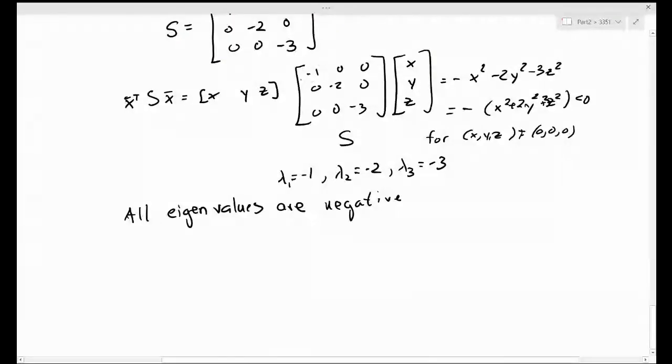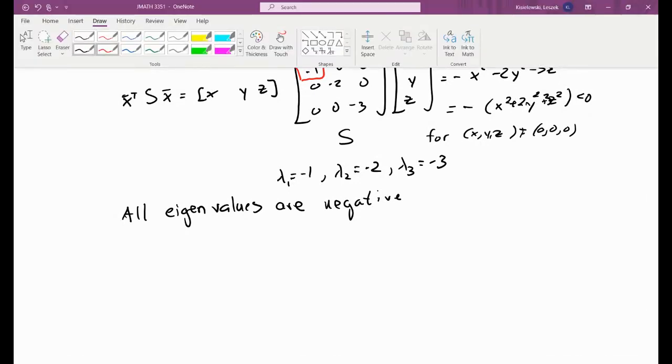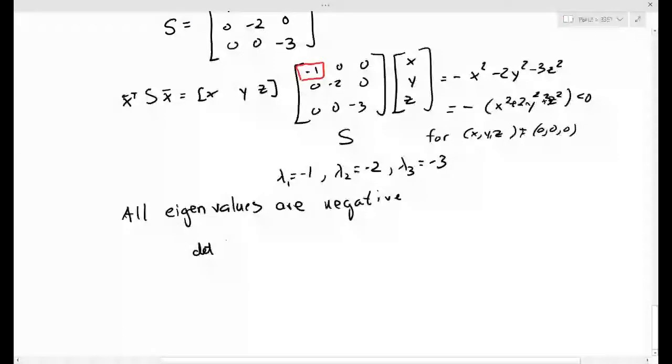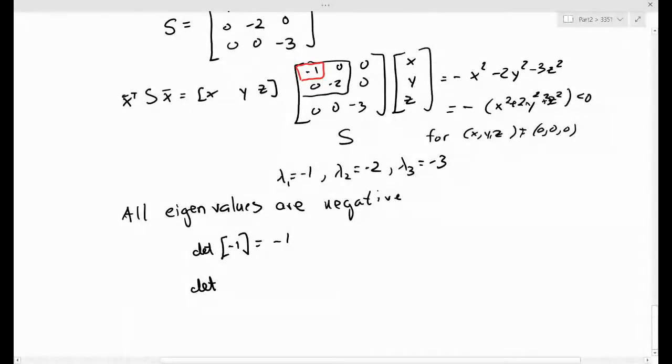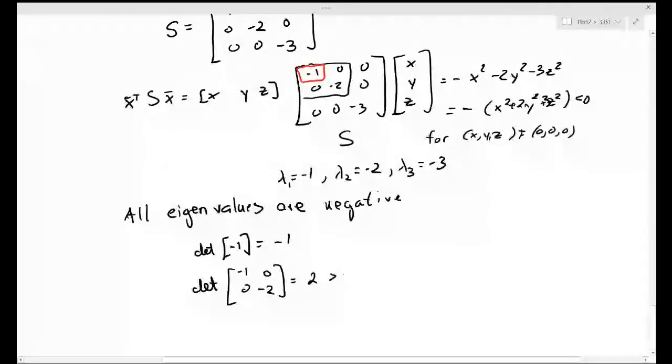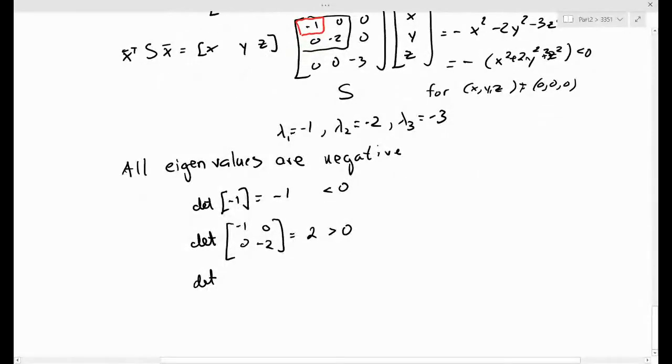Well, the first determinant is going to be negative. But the determinant of the next square matrix in the top left is going to be positive because all the eigenvalues are negative, right? So to compute the determinant, you multiply the two negative eigenvalues. So that's positive. And then the determinant of the whole matrix, again, would be negative.